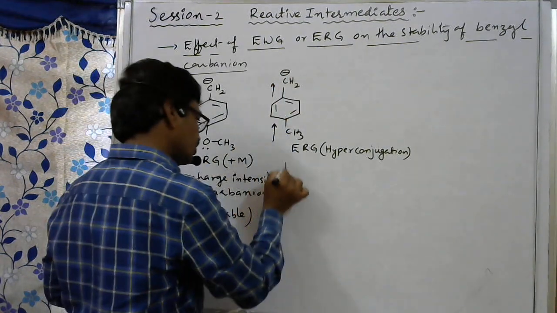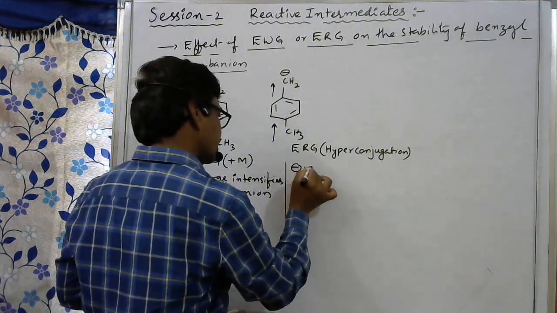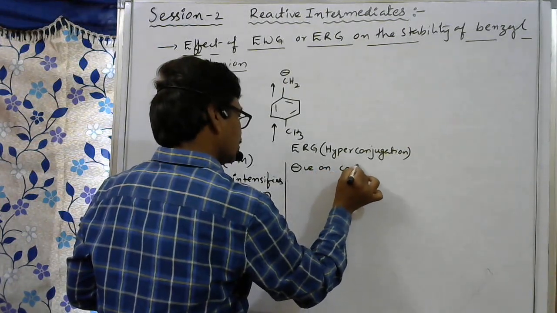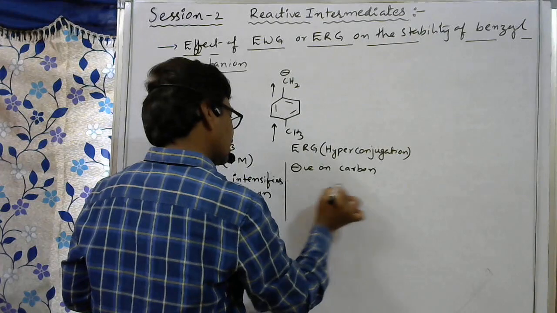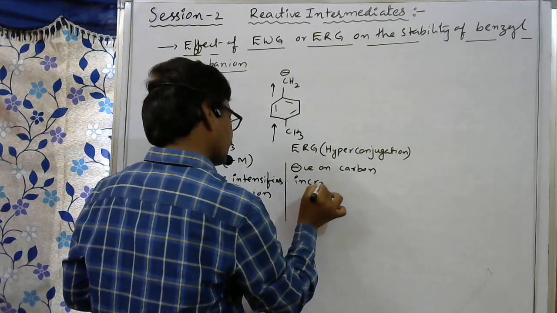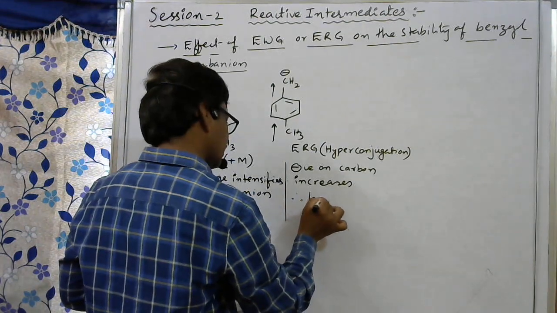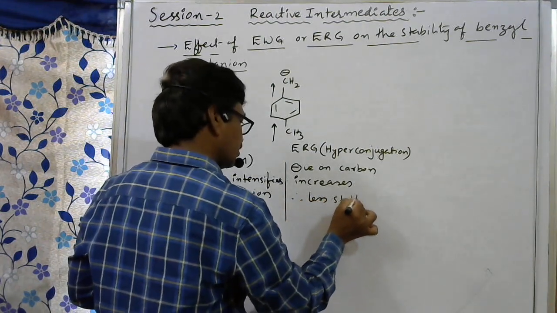So here also the negative charge on carbon increases. Therefore, it is less stable.